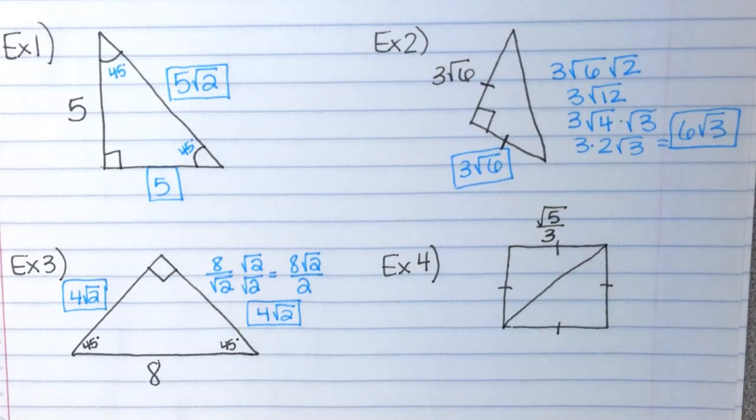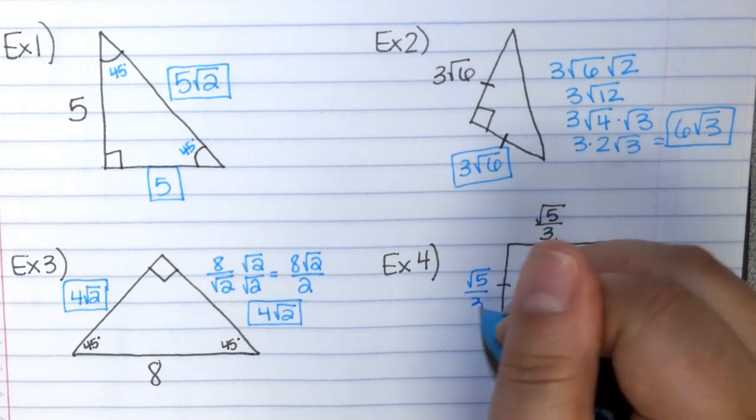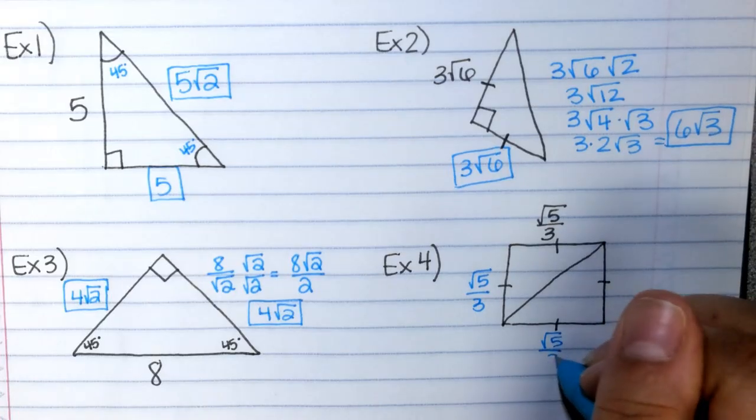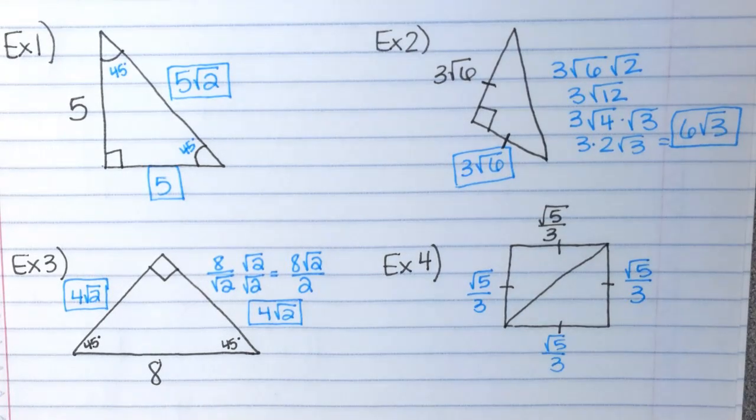Last one, I'm going to give you a square. If I know one side of a square is the square root of 5 over 3, what else do I know? All the other sides are the square root of 5 over 3 because it's a square. How do I find the hypotenuse?